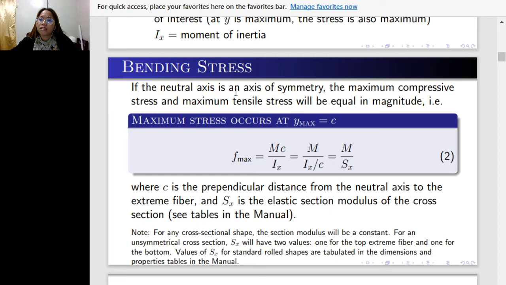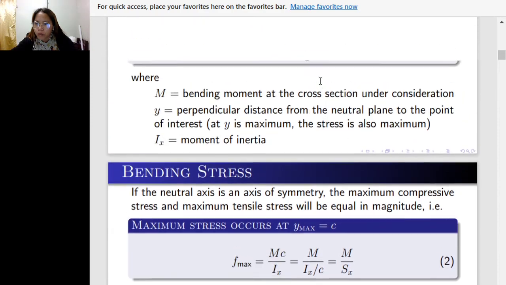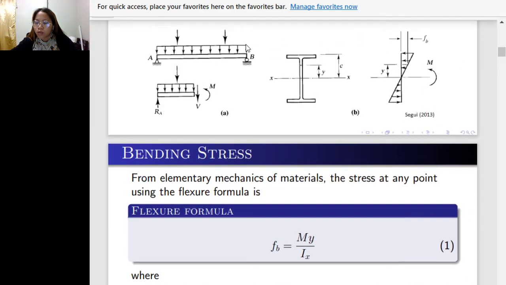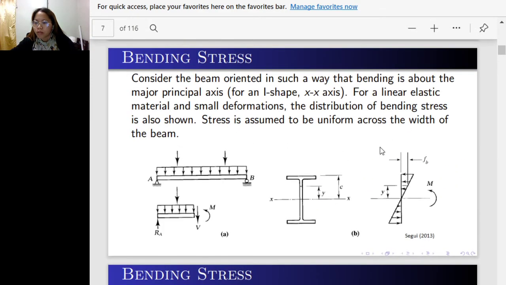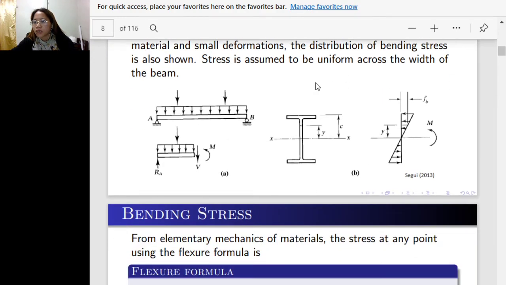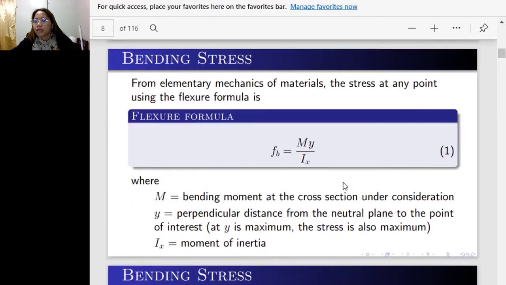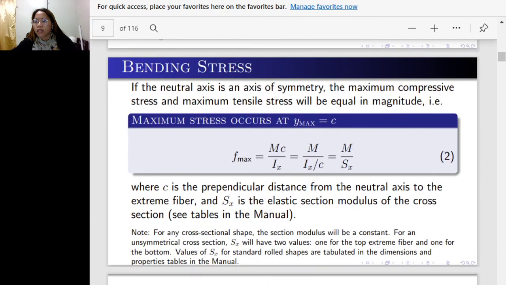If the neutral axis is an axis of symmetry, the maximum compressive stress and maximum tensile stress will be equal in magnitude, especially if your shape is symmetrical. For example, the I shape or wide flange has a symmetrical cross section. So the neutral axis is at the center.